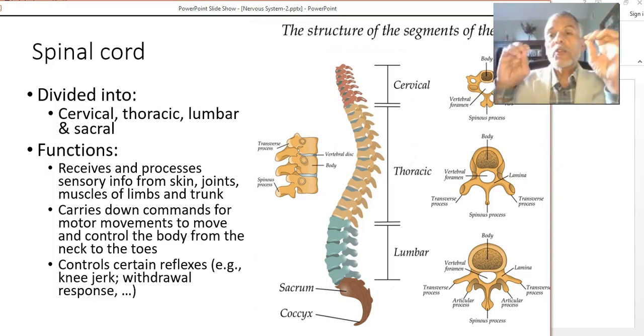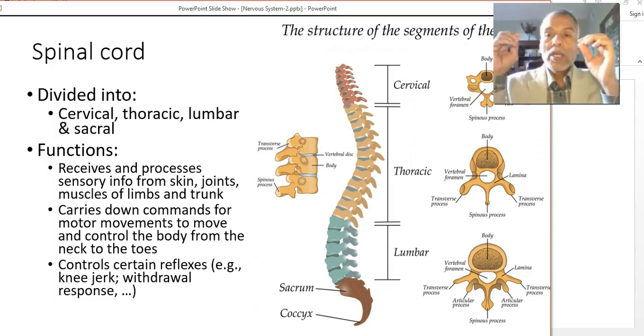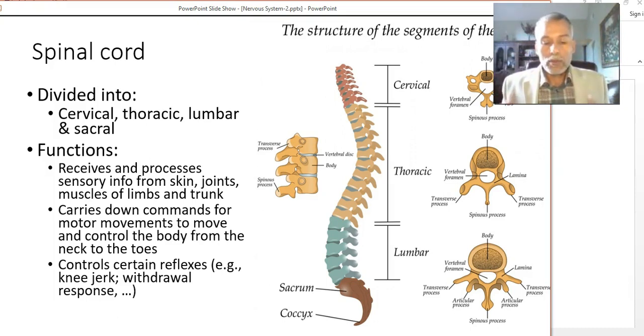Sensory means it comes from your senses, touch, for example, hearing, vision, and different parts of the body. For example, sensation of pain, of temperature, anything that comes from the body goes through the spinal cord and then up to the brain to make sense of it.